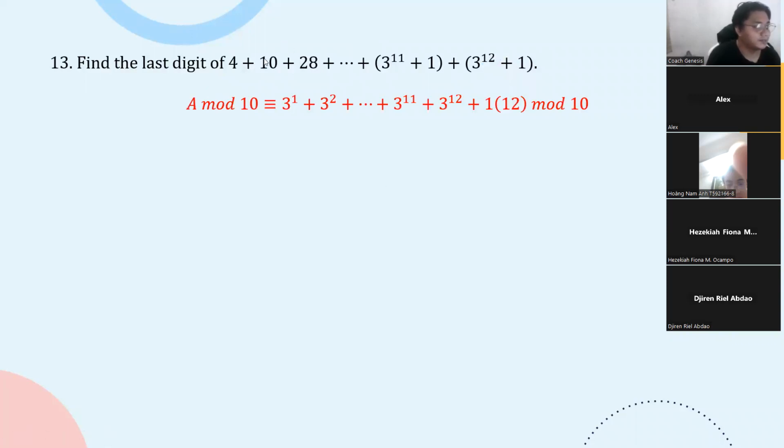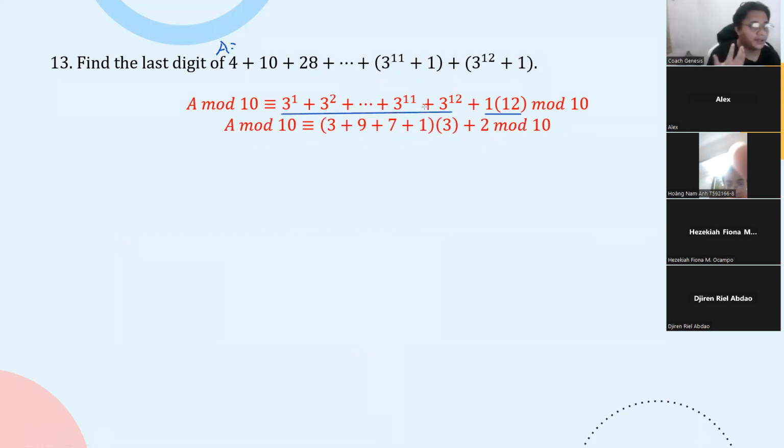So that will be 3 raised to 1 plus 3 raised to 2 and so on until 3 raised to 12, plus 1 times 12, because as we have already discussed, we have 12 addends. Now, under modulo 10. Take note that we have 12 terms here.